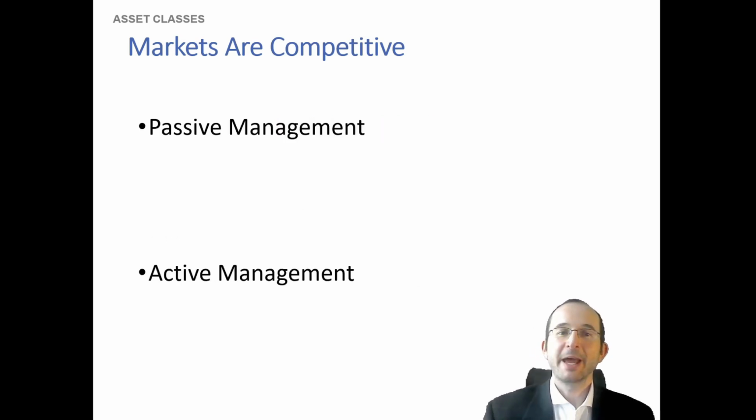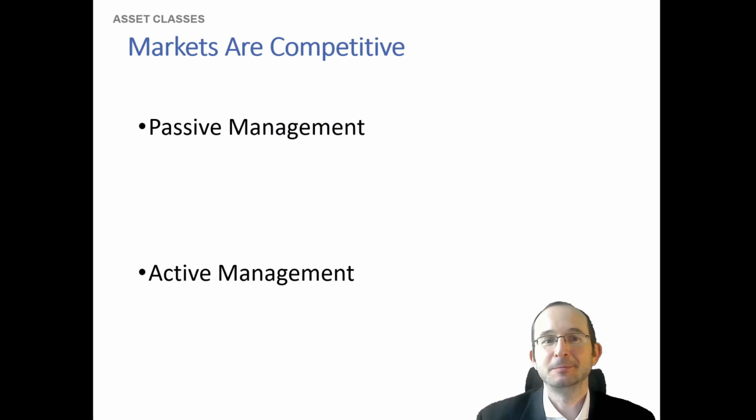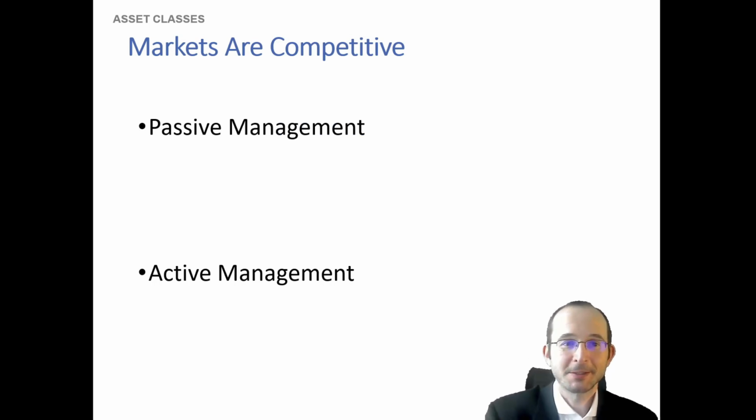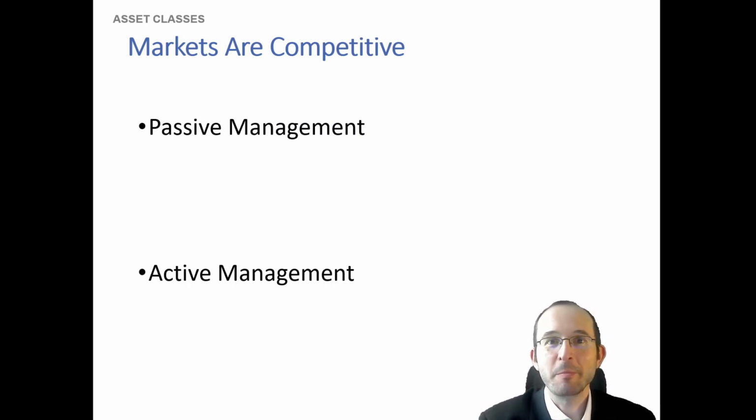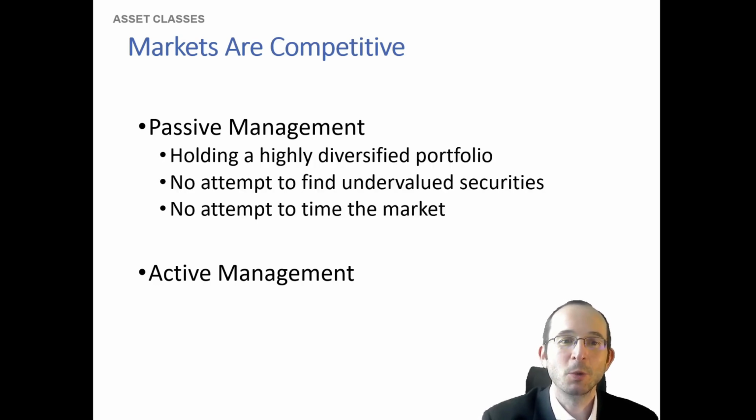And so how do people navigate these reasonably competitive markets? Well, the two main investment philosophies are passive and active investment management. In passive management, that's essentially this idea of index investing that we talked about a few slides back. You will hold a highly diversified portfolio.